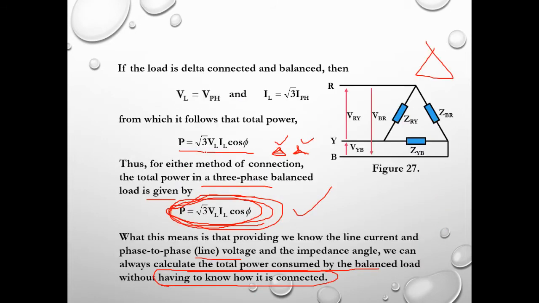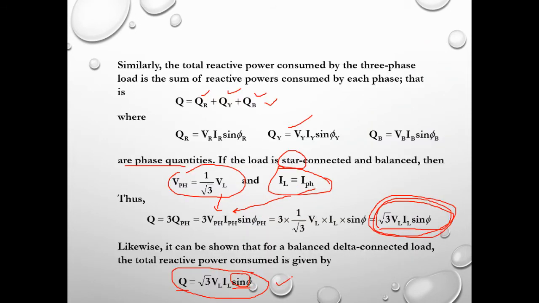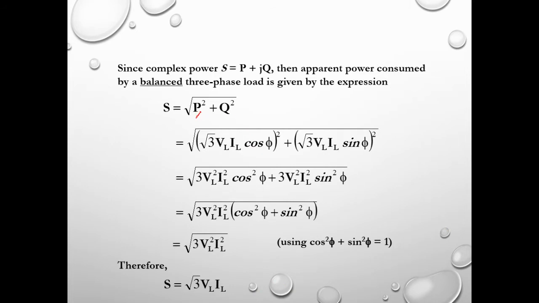So just substitute this P and this Q: square root 3 VL IL cos theta, squared, plus square root 3 VL IL sine theta, squared. Square everything in the first bracket and square everything in the second bracket. So you might get this relationship.